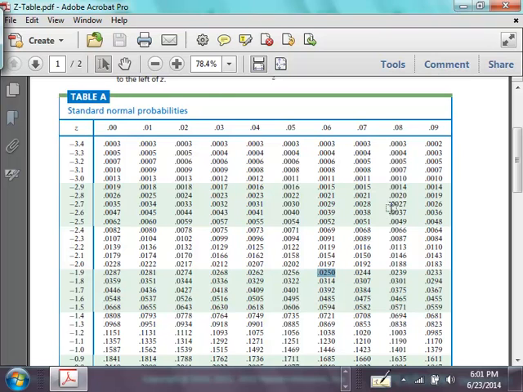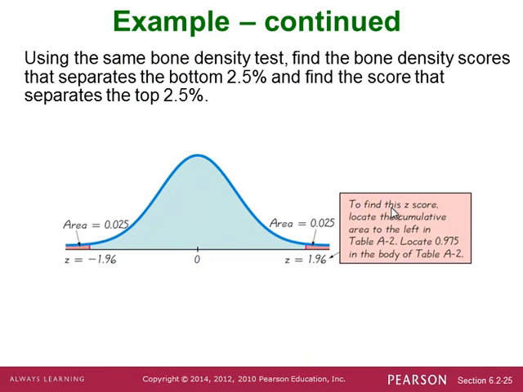And likewise, if you want to find this z-score right here, where you have an area to the right of 0.025, well, if there's an area of 0.025 to the right, that means 1 minus 0.025, which is 0.975.